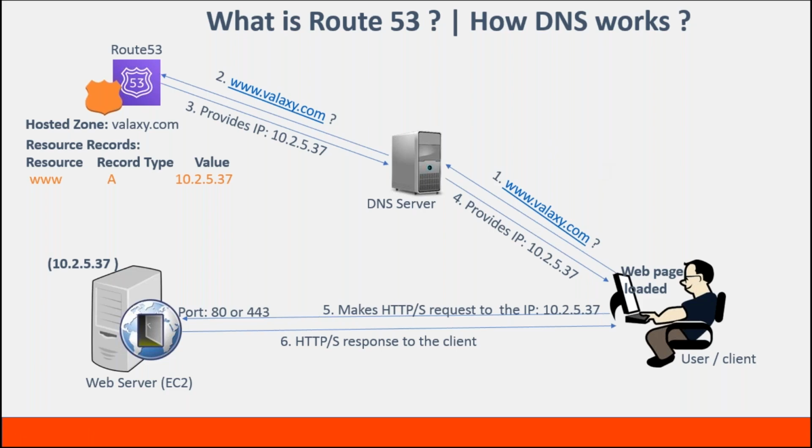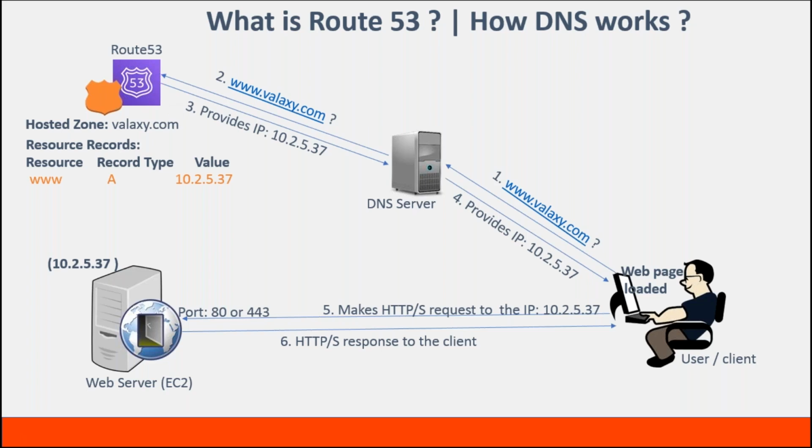So that is the advantage of having the local DNS servers, which are maintained by the respective internet service providers, which I don't really care about. All I worry about is how do I maintain the DNS information in my Route 53 if I am using AWS for domain resolution, right?